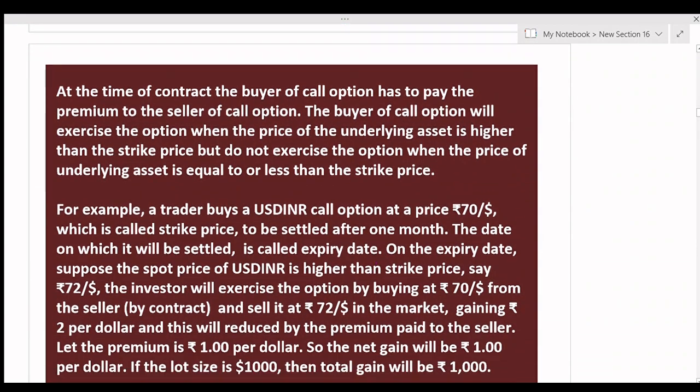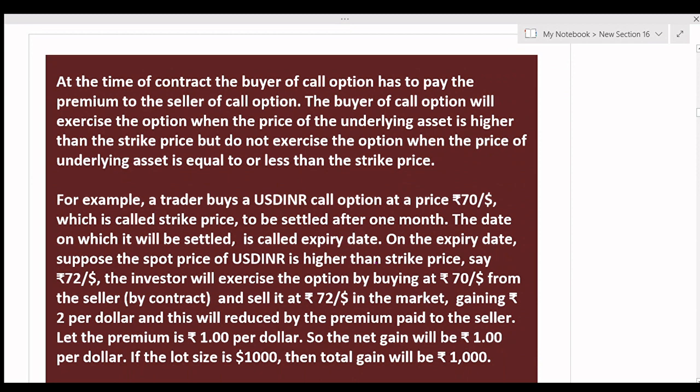At the time of contract, the buyer of a call option has to pay the premium to the seller, that is token money of the call option. In my example, the buyer of the call option will exercise this option when the price of the underlying asset is higher than the strike price.